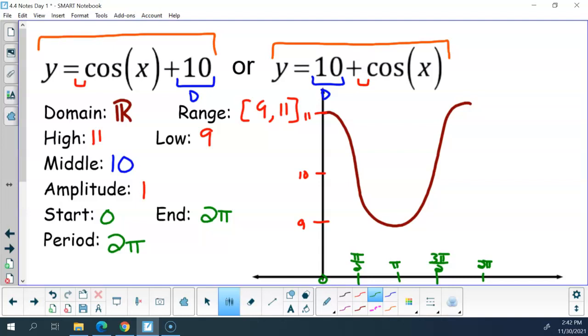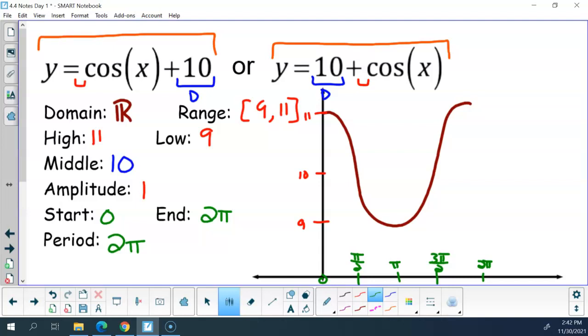Again, put the curve on first, then put the axes on after you figure out where it's supposed to be. Questions on that?